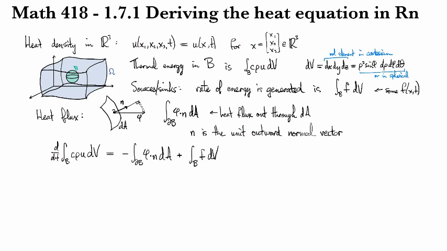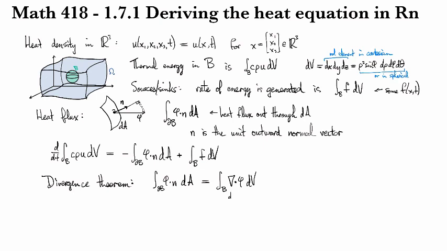Now, if we use the divergence theorem, which is the three-dimensional analog of the fundamental theorem of calculus, then that tells us that the flux through the boundary is going to be given by the integral of the divergence. So I write divergence as the del dot the vector.